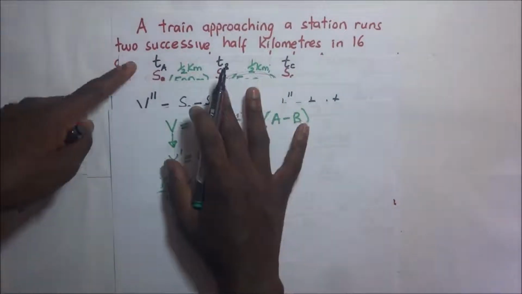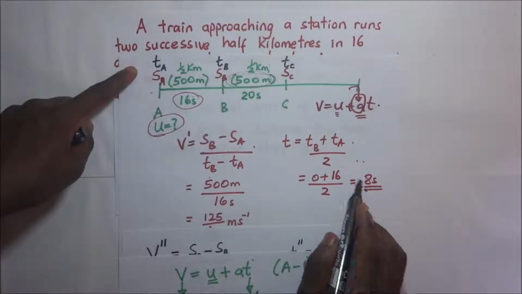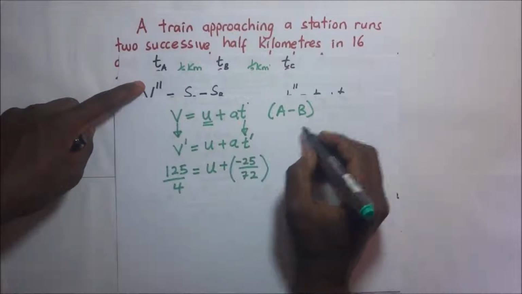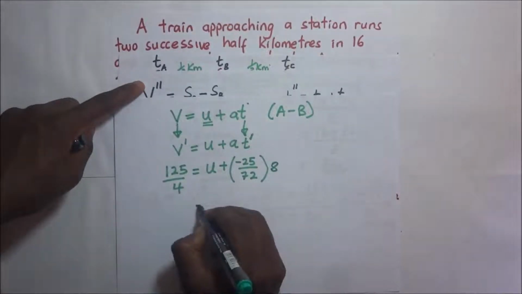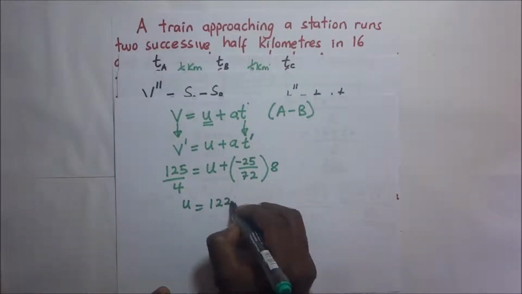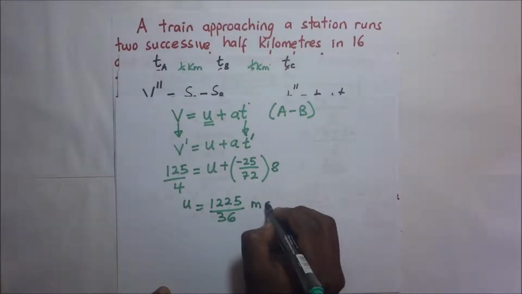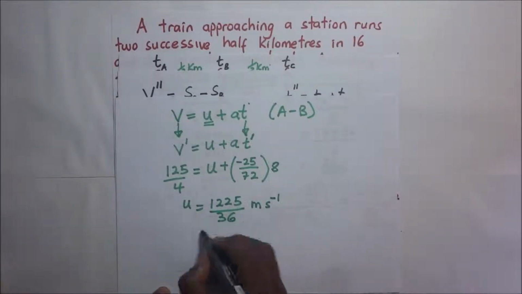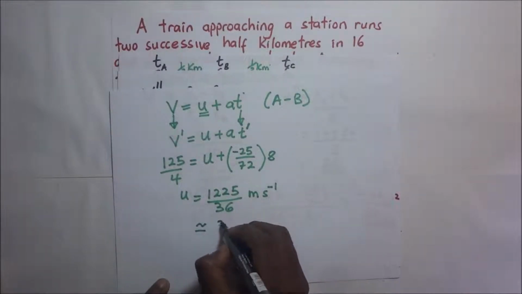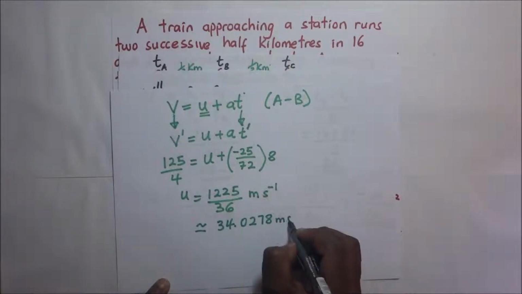The t prime I got earlier is 8 seconds. So when we make u the subject of the formula here, we shall end up with 1,225 divided by 36, and this is in meters per second. If you convert this to decimal, it is approximately 34.0278 meters per second.